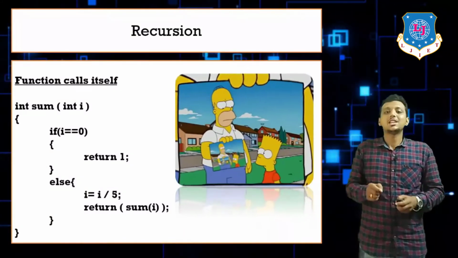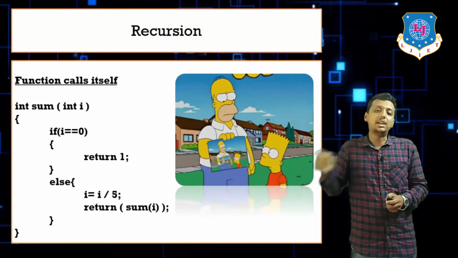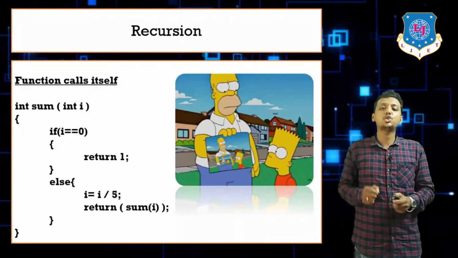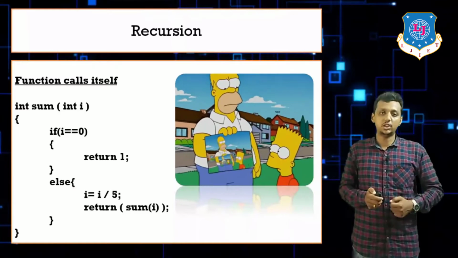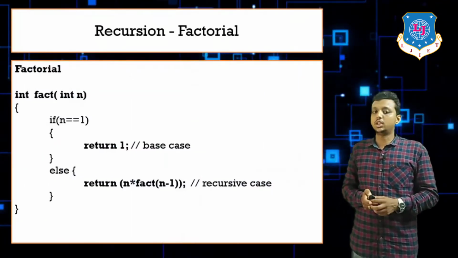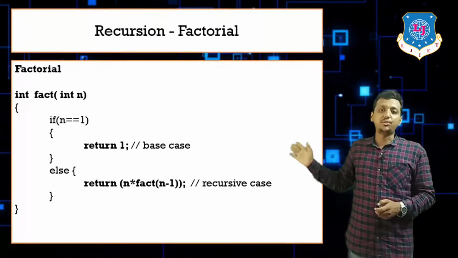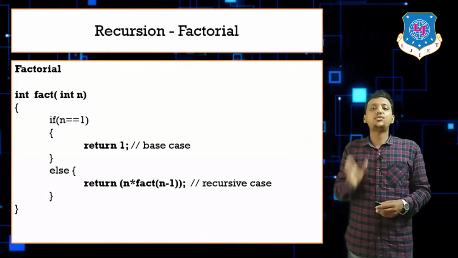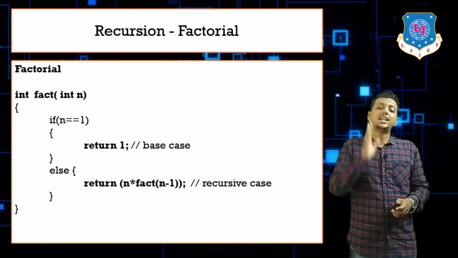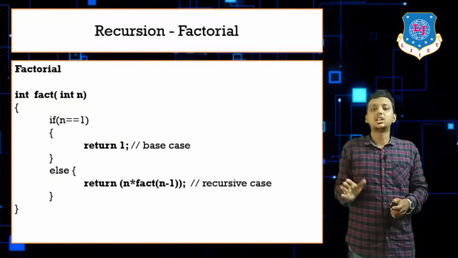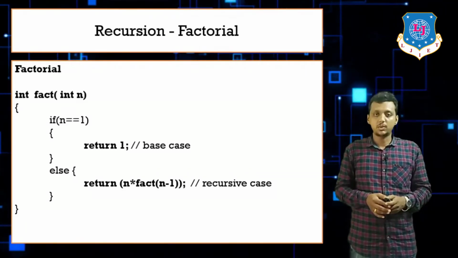Now the question is how recursion is the application of stack. Let me show you with the example of factorial. So students, here it is a factorial. This is a recursive factorial function. You can see integer fact, integer n. If your n is equal to 1, then it returns 1. Else it returns n into fact of n minus 1.